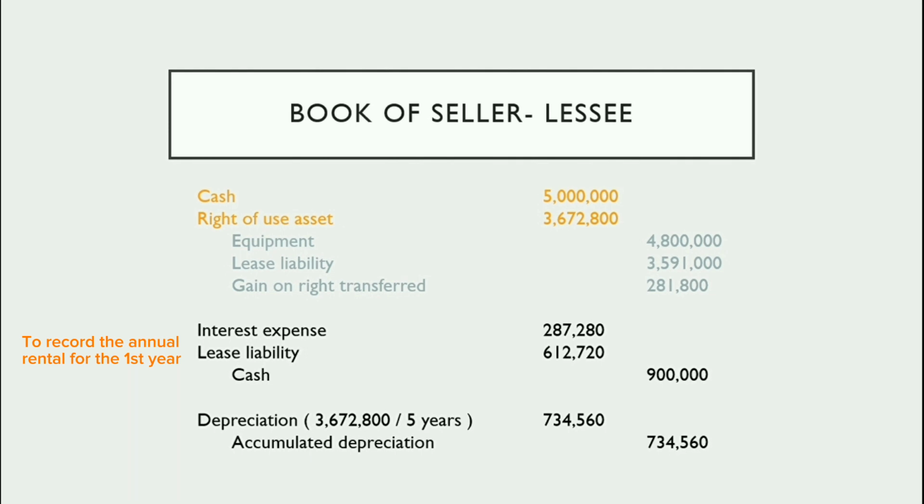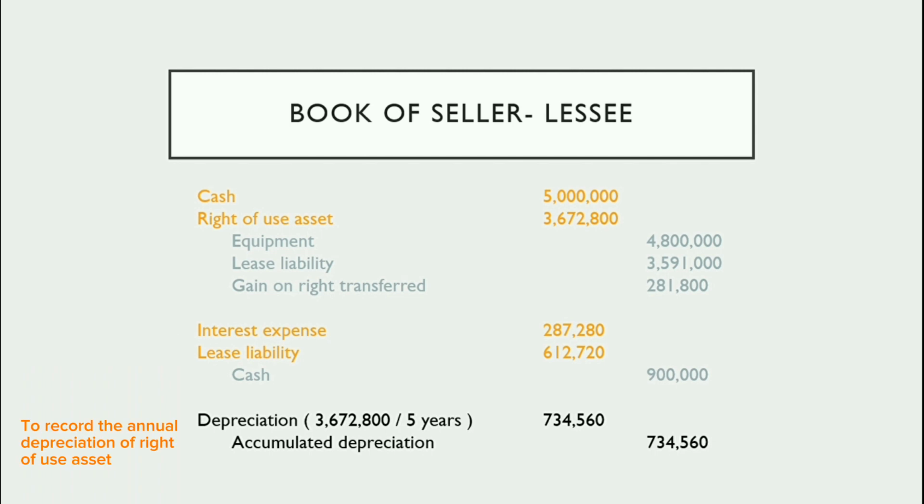So, number 2, to record the annual rental for the first year. Dito, balikan natin yung sa ating table of amortization. So, we will debit interest expense for the first year, 287,280, and also the lease liability, ito yung principal amount na 612,720, and then we will credit cash, the payment, 900,000. So number 3 naman is to record the annual depreciation of right of use asset.